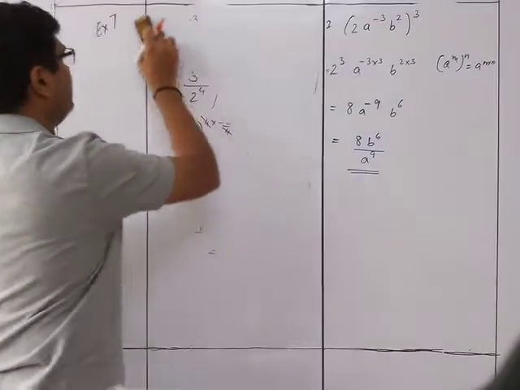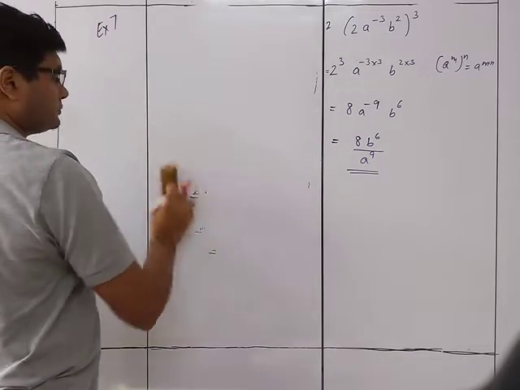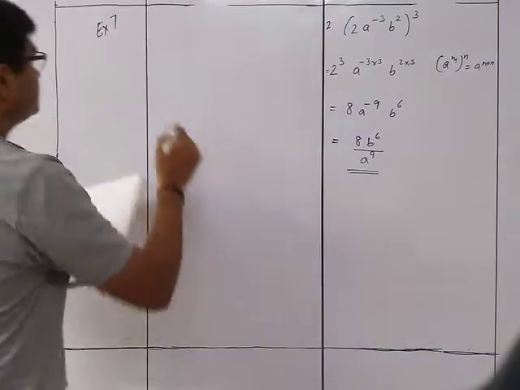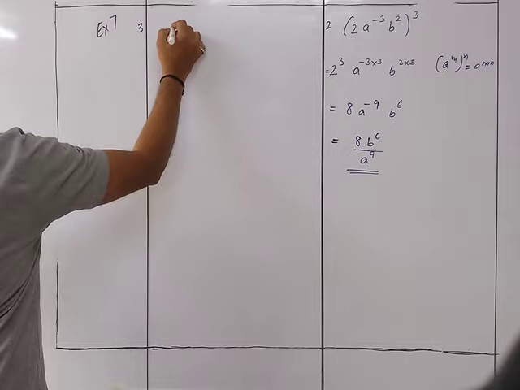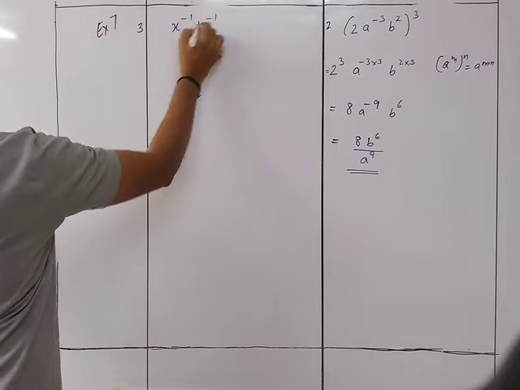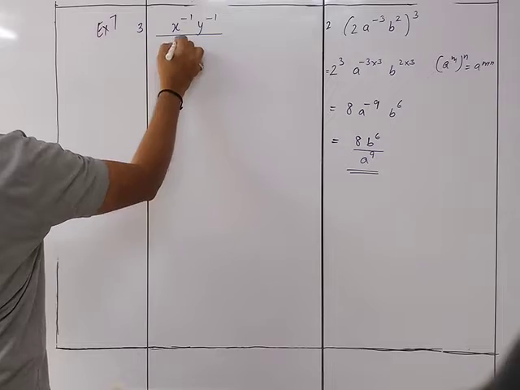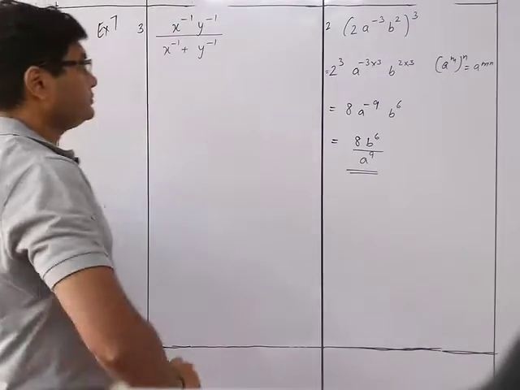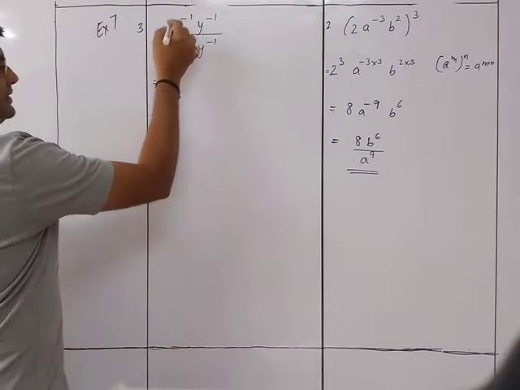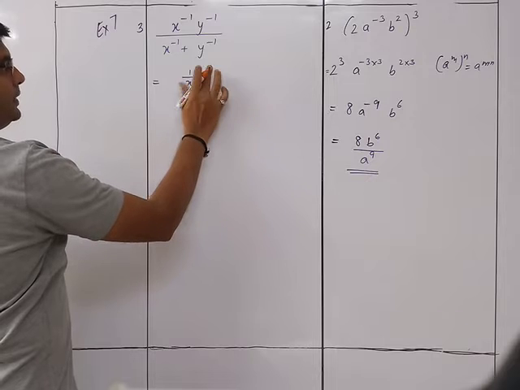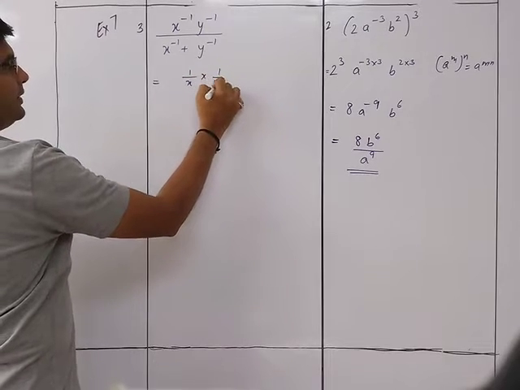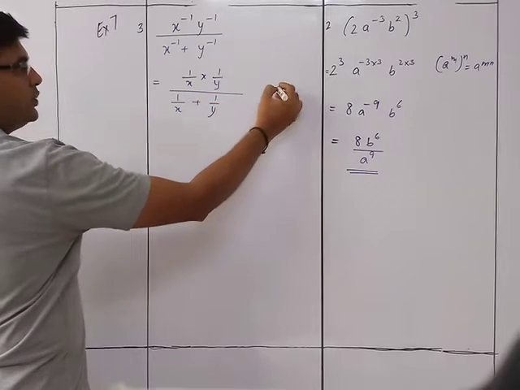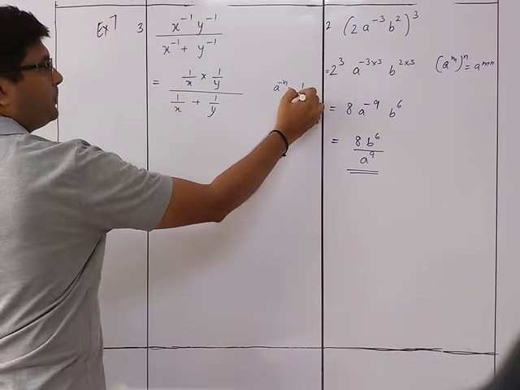Question number 3. Is x raised to minus 1, y raised to minus 1 upon x raised to minus 1 plus y raised to minus 1. Okay. We can write this as 1 upon x into 1 upon y upon 1 upon x plus 1 upon y, because I know that a raised to minus n is equals to 1 upon a raised to n.